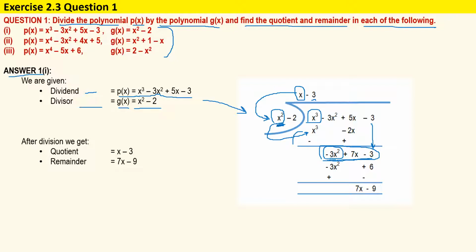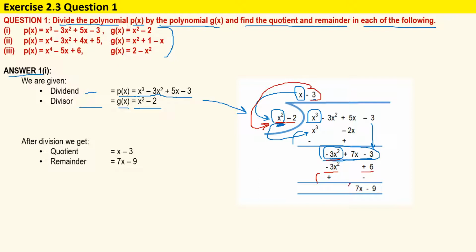So when we divide −3x² by x², we get −3, which is the next term in our quotient. And then this −3 is multiplied to the entire divisor, x² − 2, and we get −3x² + 6. We carry out this subtraction.